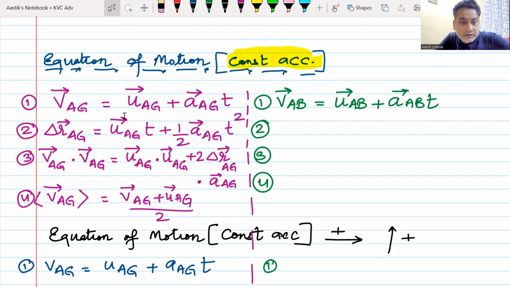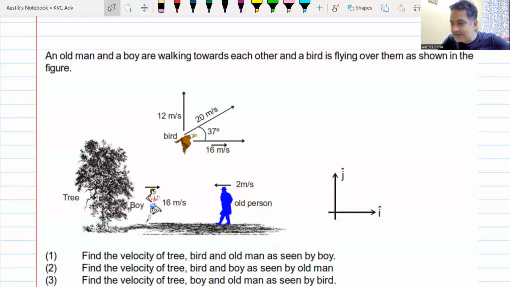So the heading of the class is motion in 2D, and here is the first question. I think you know enough about relative motion that you should be able to solve this question, and the question comes right away. I think it is a question from your module only.